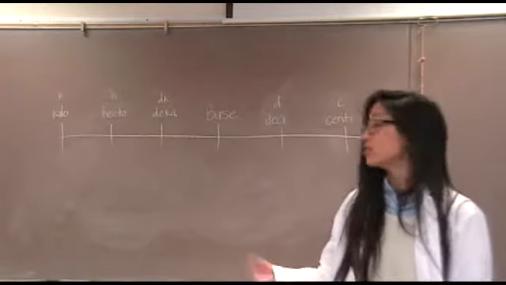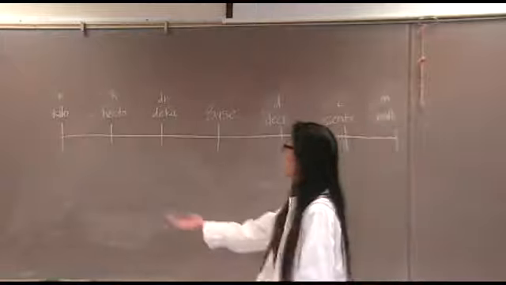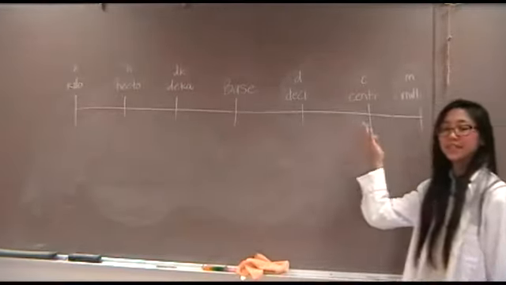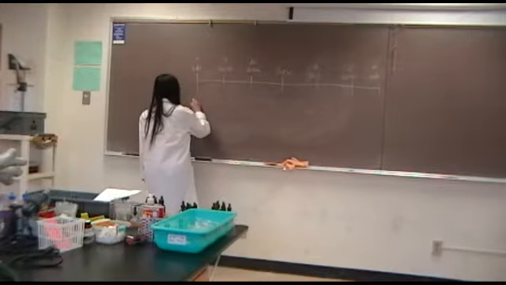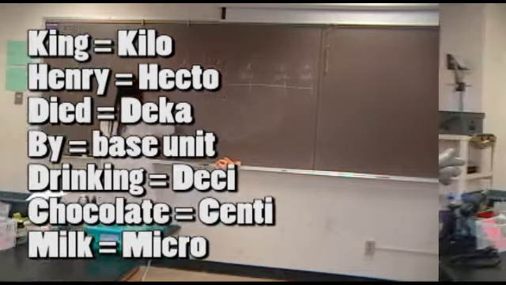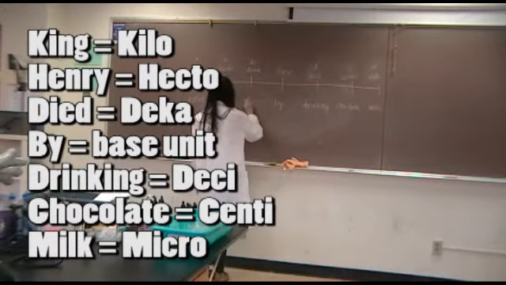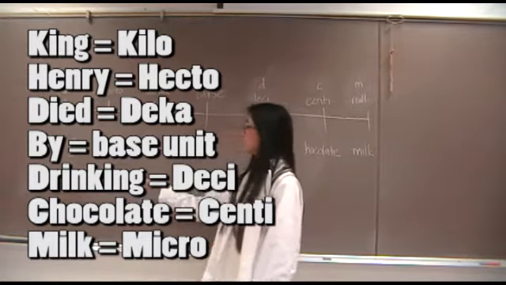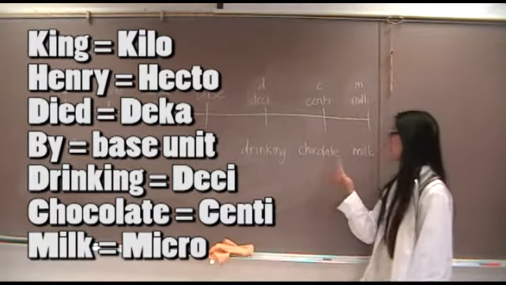Here's a chart of prefixes that you should memorize. Kilo, hecto, deca, base, deci, centi, milli. In order to memorize this, I created an acronym. So this is the one I use. King Henry died by drinking chocolate milk.